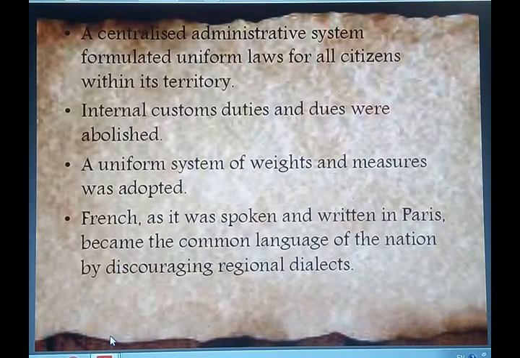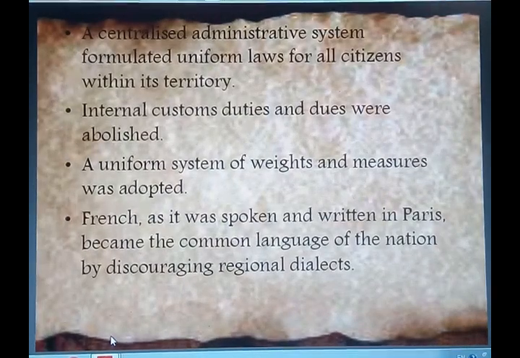French, as it was spoken and written in Paris, became the common language of the nation by discouraging regional dialects. The last point talks about how the French language, which was spoken in Paris, was imposed upon the entire nation. So these were some of the initial steps taken to create a sense of belonging, to create the idea of the nation state.